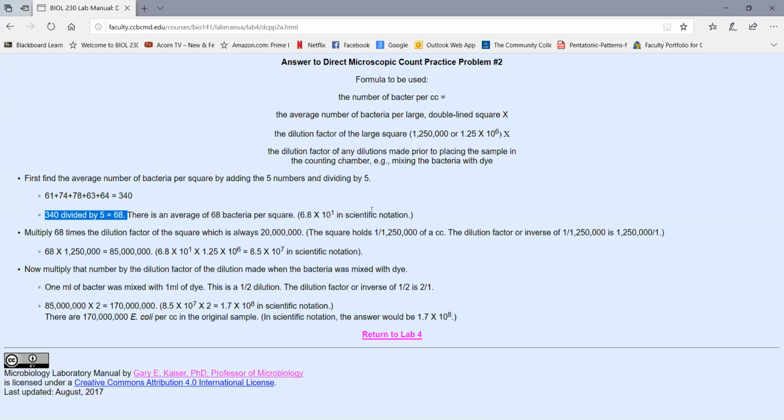Or in scientific notation, 6.8 times 10 to the 1 bacteria per square. We multiply that by the dilution factor of the square. There's a typo there. I will correct that right after we're done there. That will be 1,250,000. Again, that's a standard for the slide.